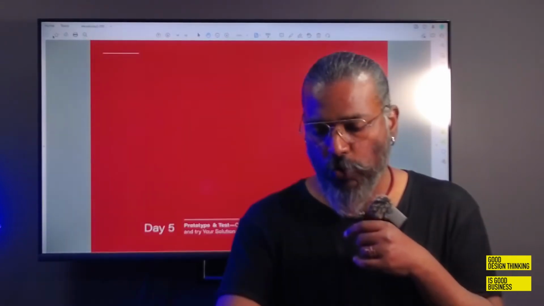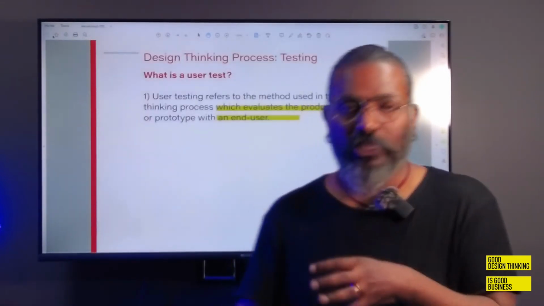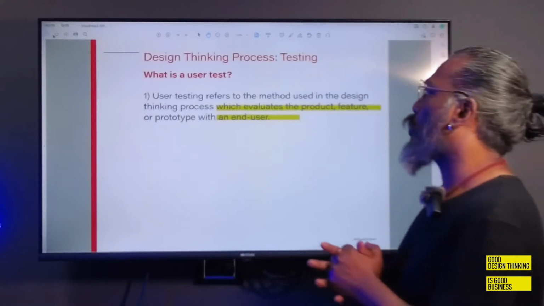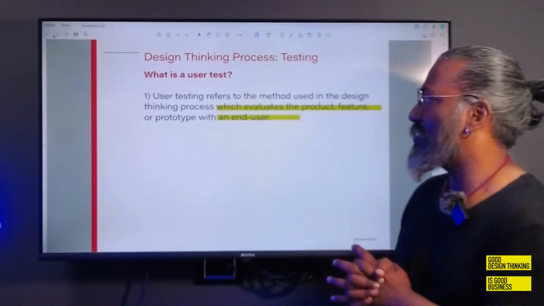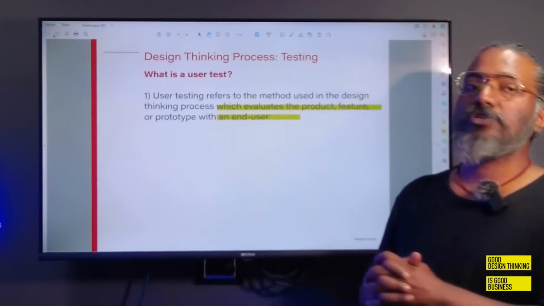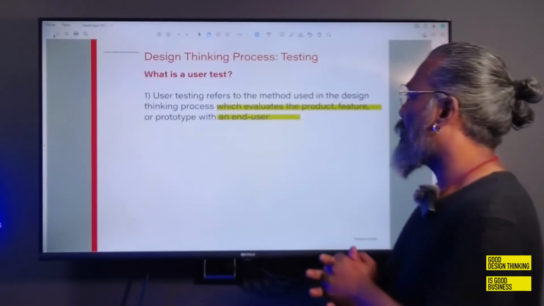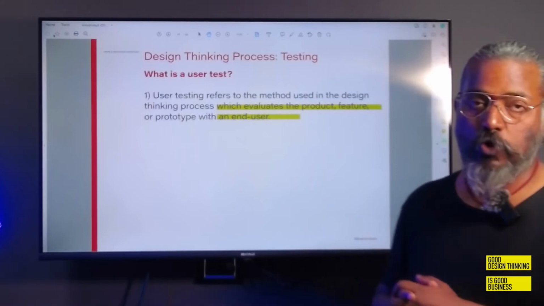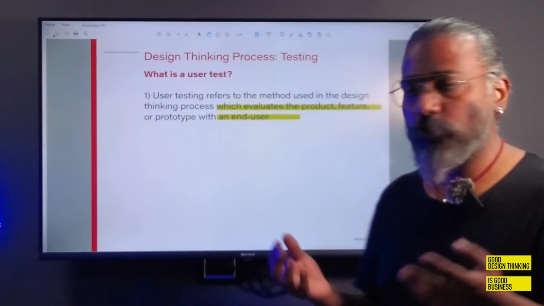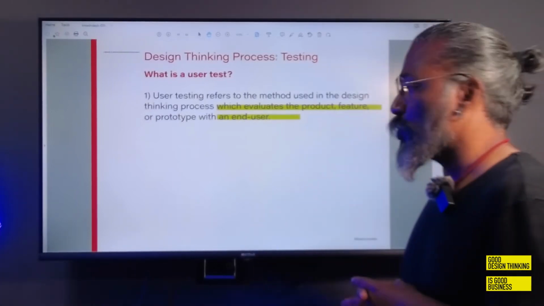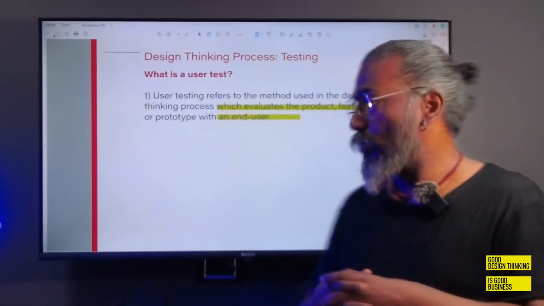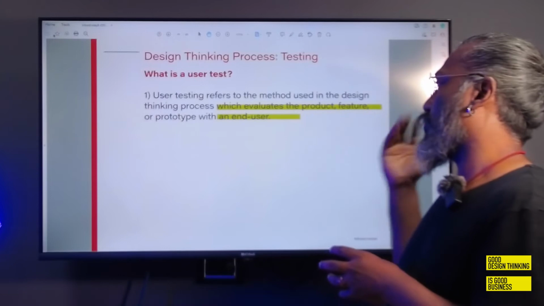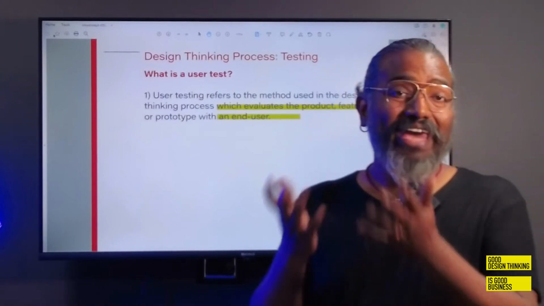So now we are coming to the last part of our design thinking process, which is testing. Okay, what is the user test? User tests, as you know, any tests are meant to evaluate your outcome or the product or a feature with the end user.